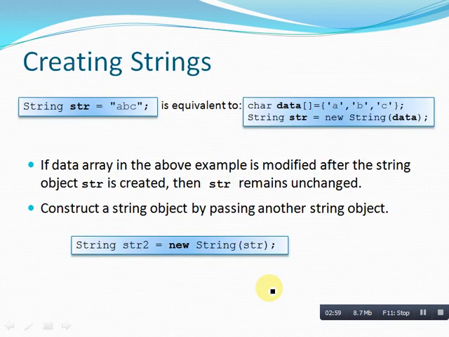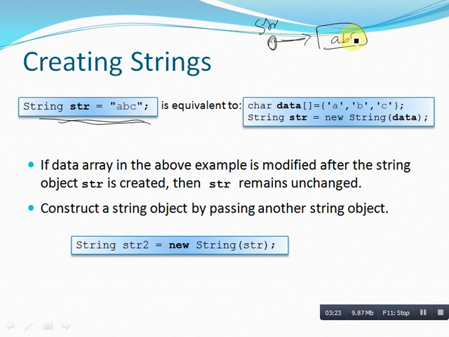So here is an example of different ways to create the strings. Either you can directly assign the value at the time of creation when you declare the string object, like String str is equal to "abc", which will create a string str referring to the value abc in the memory.